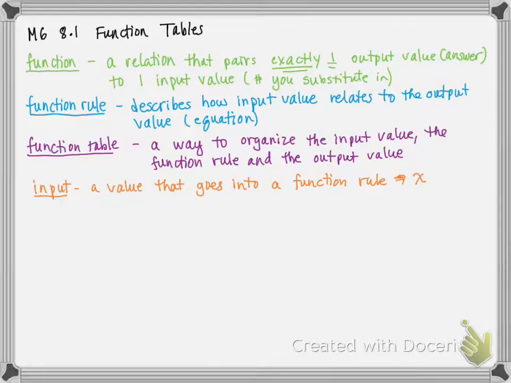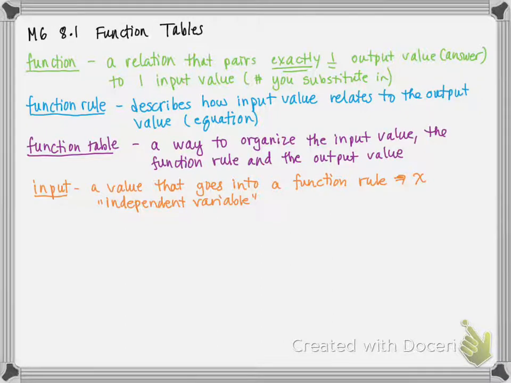We did that back in chapter 6 when we were graphing. We chose the x's, put them into an equation, got the y's, and graphed the ordered pairs. Because we get to choose these, they're called the independent variable, because everybody can choose what they want for x.